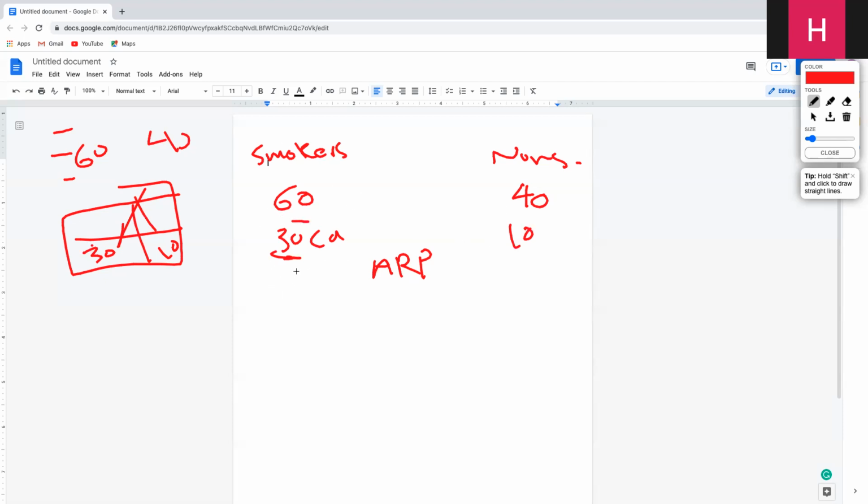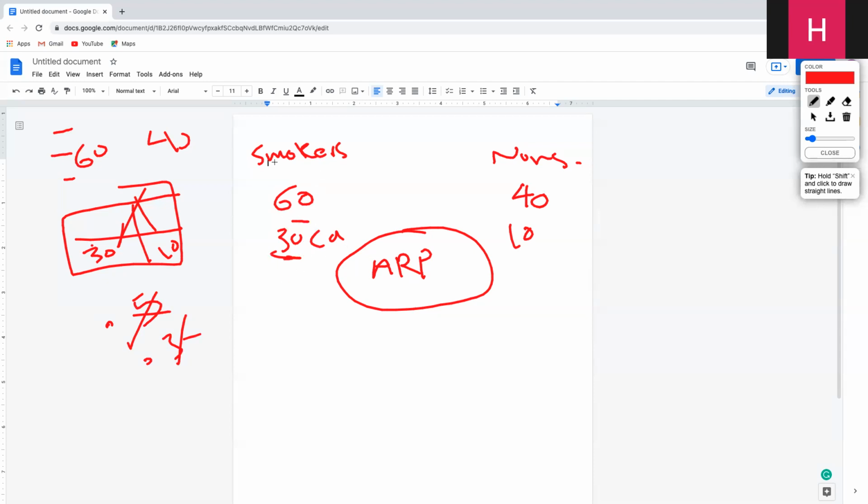Among those who are smoking, we have 30 cases of cancer, and among those who are not smoking, 10 patients develop the cancer. And I ask you, what is the attributable risk percentage? First calculate the risk individually, because sometimes I might give you the risk right away, and if I don't, you have to calculate it.